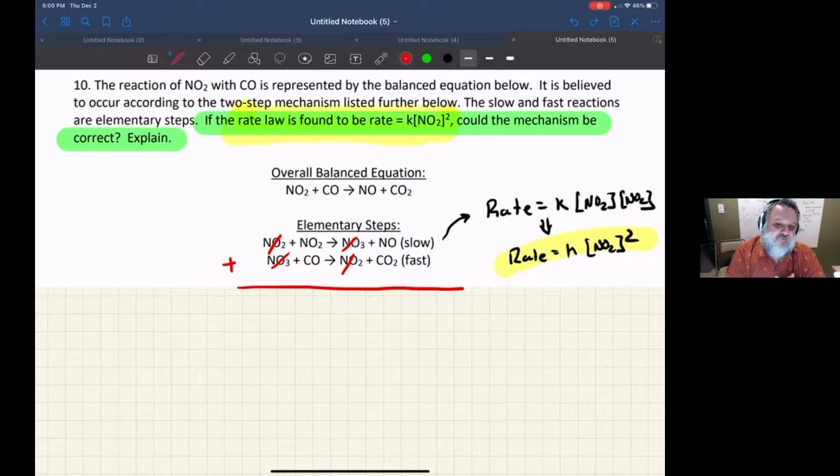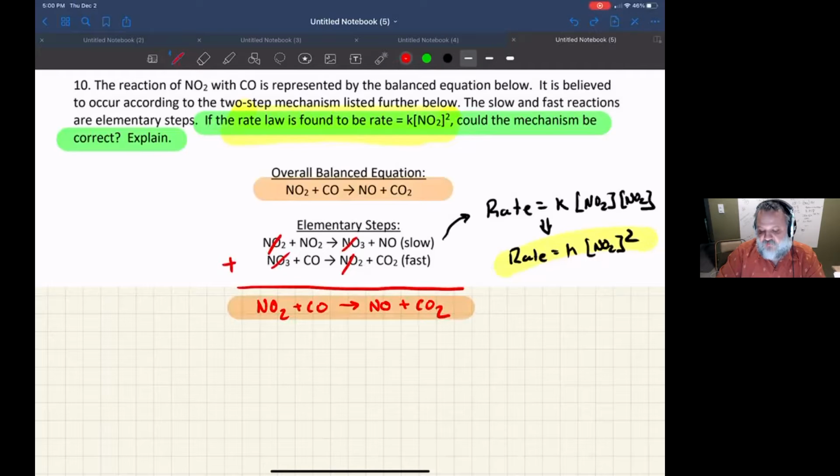When I'm done canceling, I just write down everything that's left. So NO2 plus CO goes to NO plus CO2. And let's take a look. Yeah, those two reactions are the same. So could this mechanism be plausible? Absolutely. It meets all the requirements.